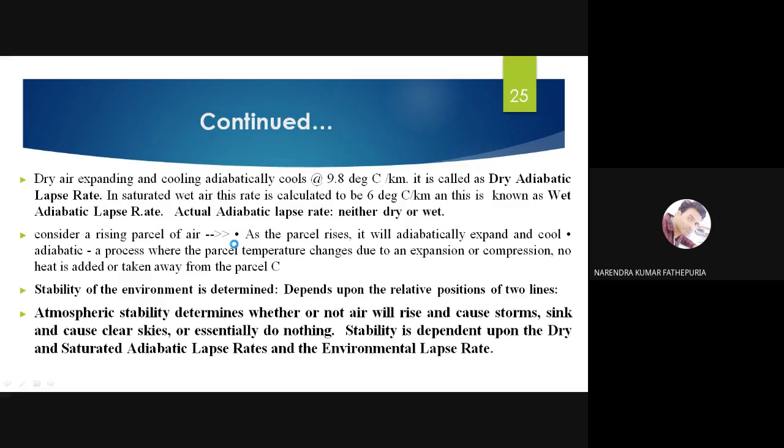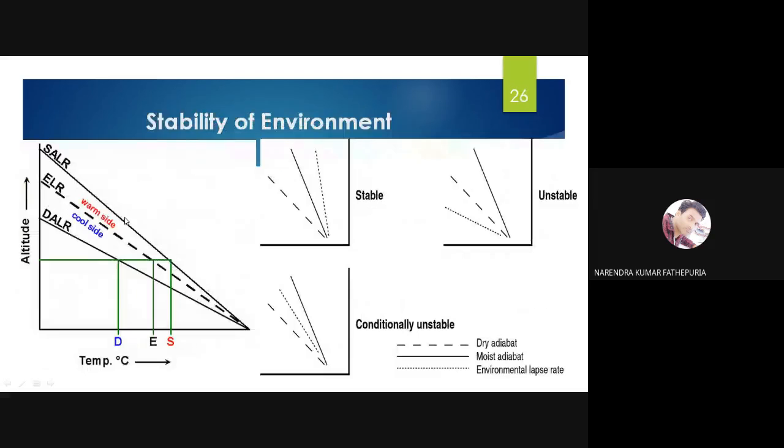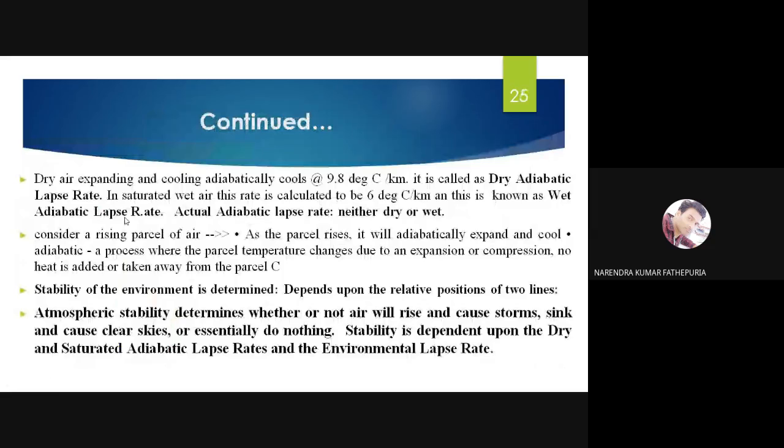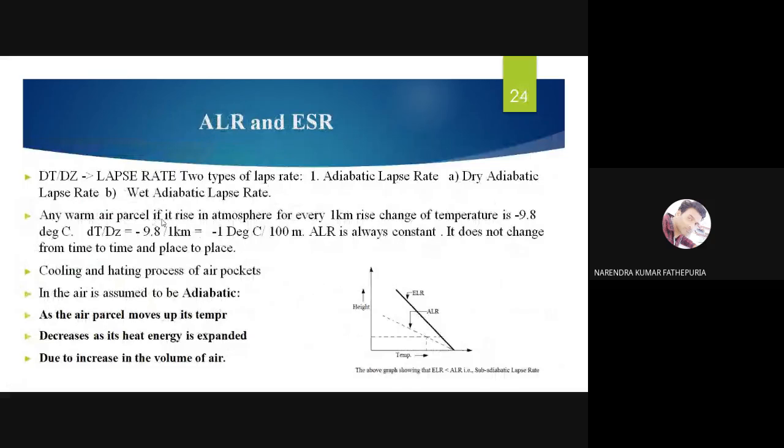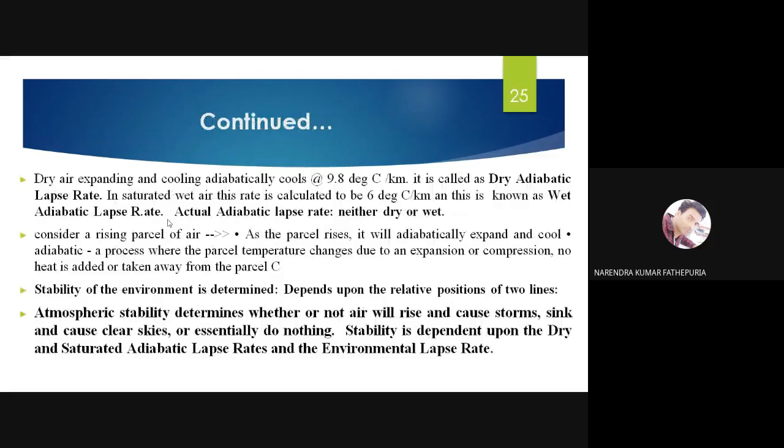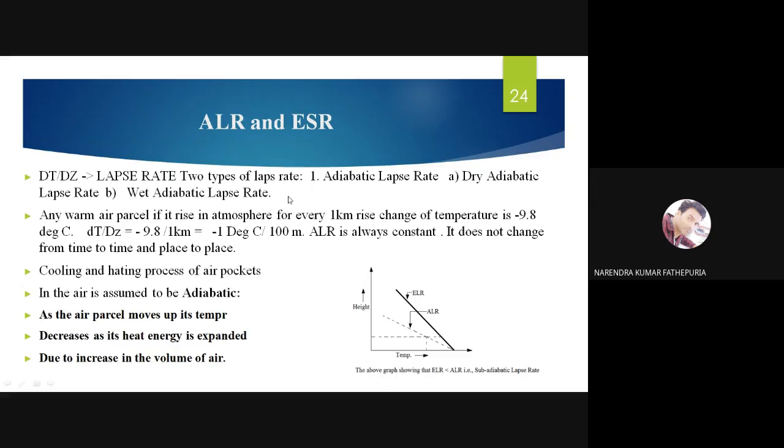So what is happening here in the whole process and mechanism, once this air pocket moves up, the temperature goes down and heat energy is expended due to the increase in the volume of the air. The dry air, expanding and cooling adiabatically, cools at 9.8 degrees Celsius per kilometer. Suppose in this example they have taken it.